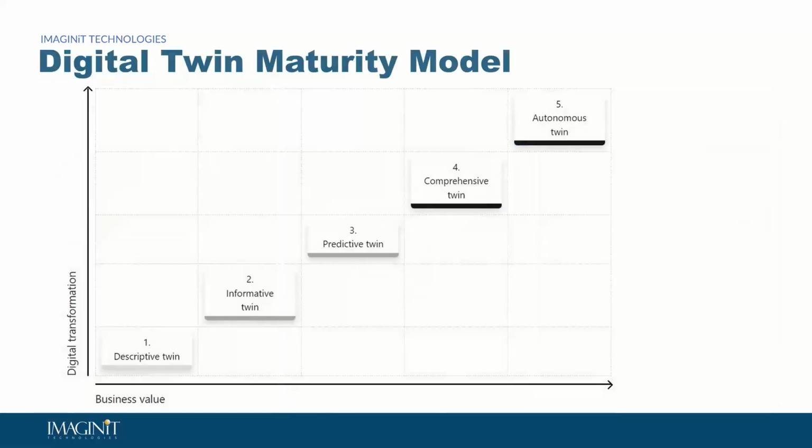So, digital twin execution planning, we have to start somewhere. We have to be able to achieve the end goals, but where are you? There's no doubt that everybody is in some phase of development and execution of a digital twin.